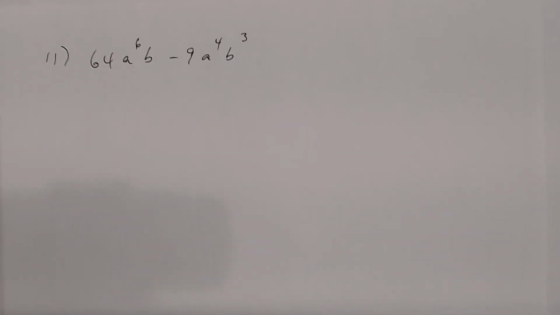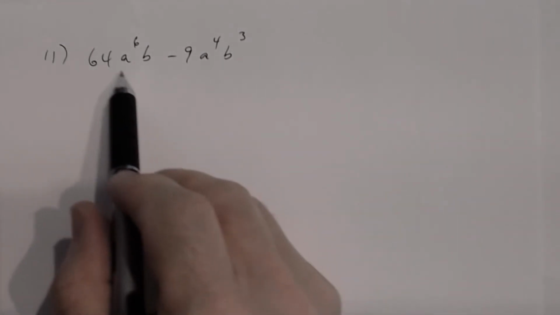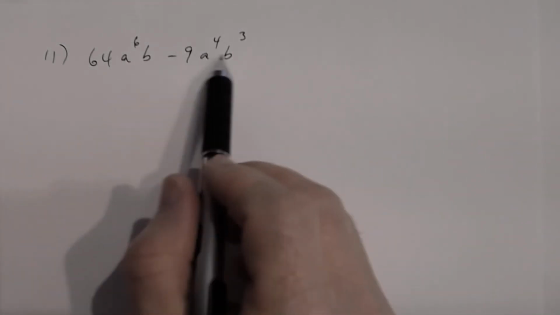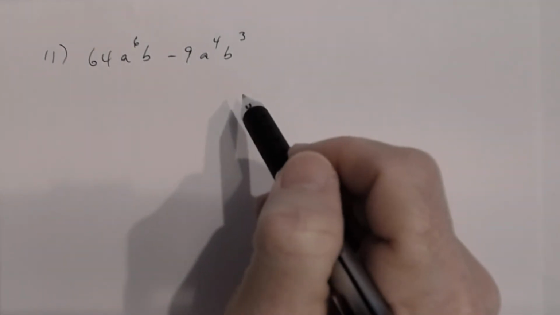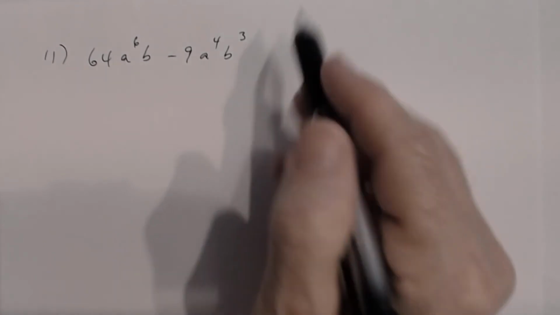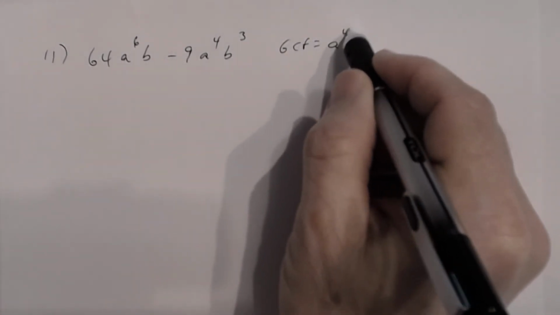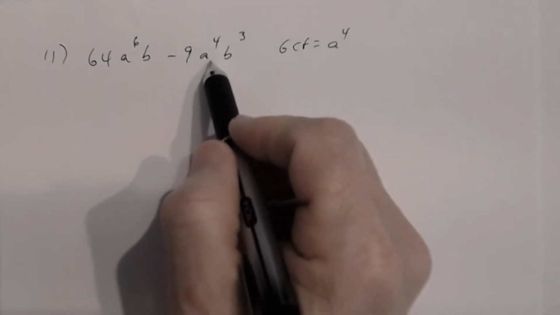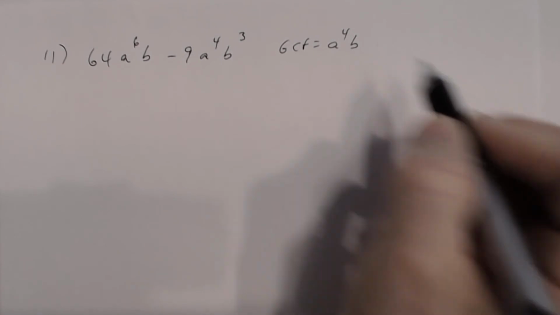Obviously there's a GCF here because there are a's and b's in both terms. But the greatest common factor of 64 and 9 is 1. So the GCF is only going to be a to the 4th. Remember, you always take out the one with the smallest exponent, and then b. So a to the 4th times b.